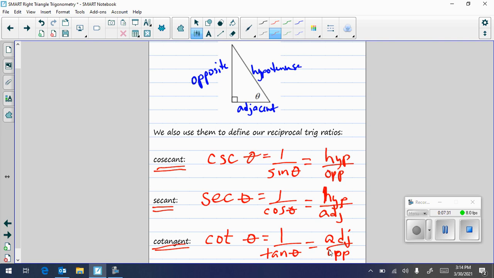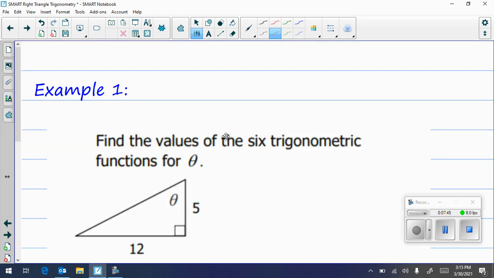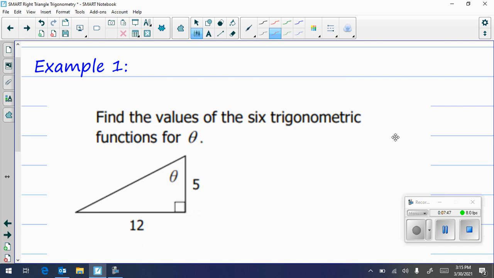Reciprocal means flip. Okay, now let's use these. We're going to use all 6 because each one could be used for different types of things. Here's our example 1. We are going to use this triangle, and we are going to find the 6 trig functions for theta.